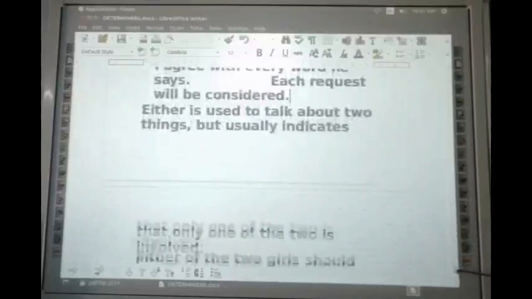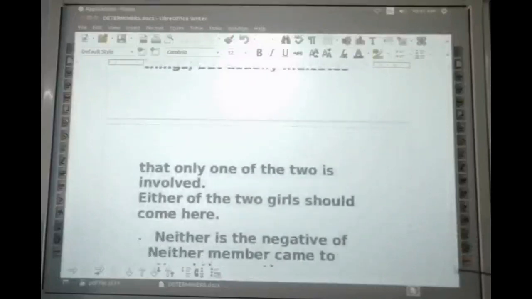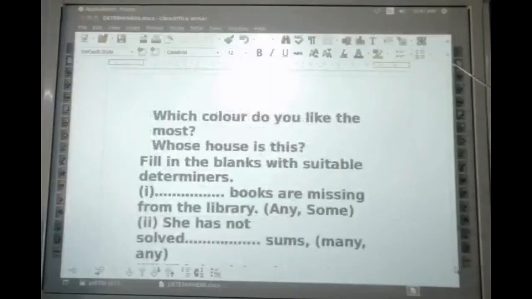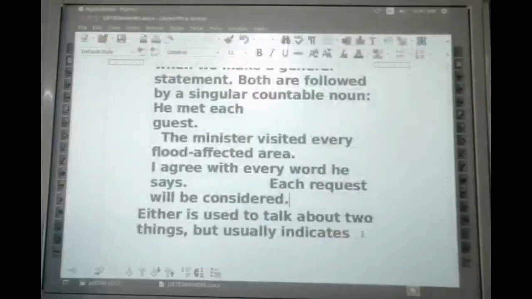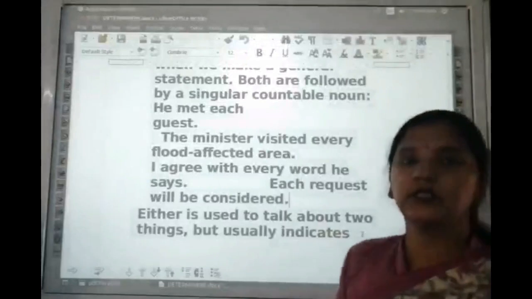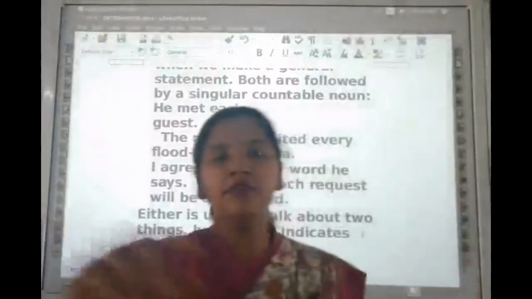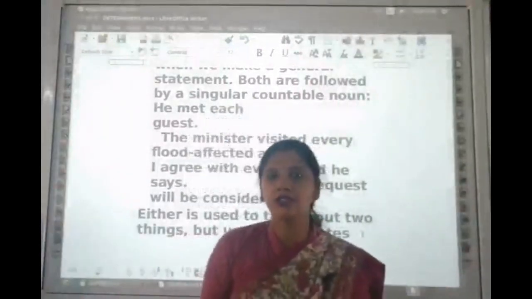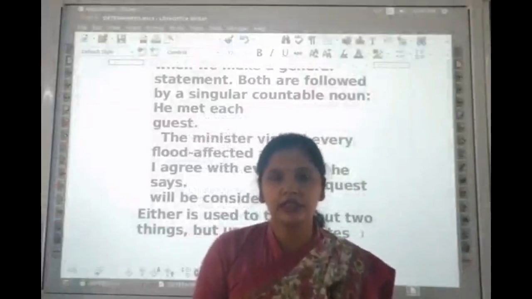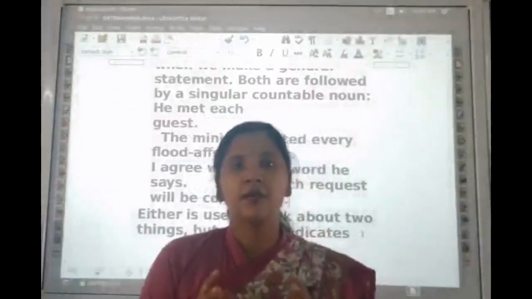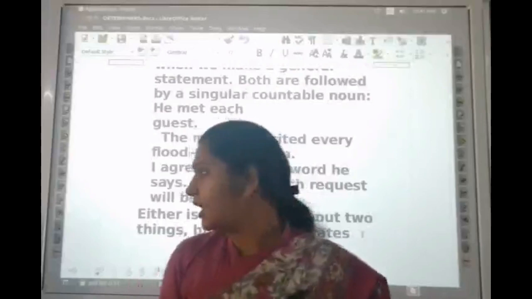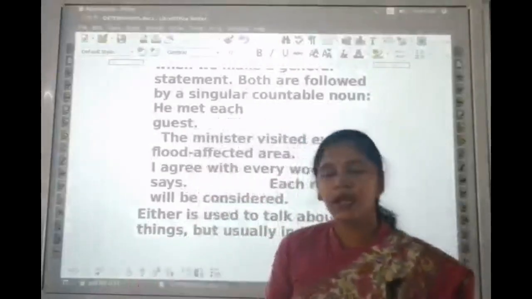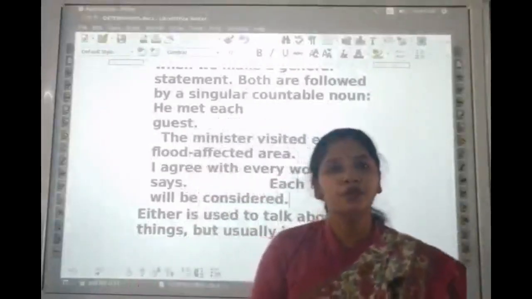I hope you all understood these. Just remember all these determiners in your mind. Today we read about ordinals, cardinals, possessive, and last, distributive.